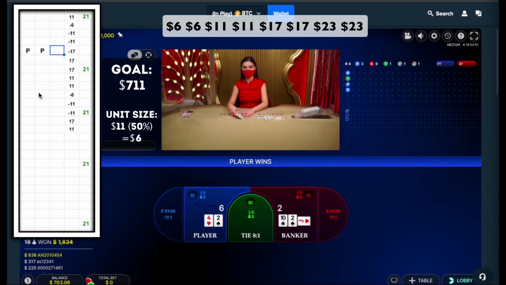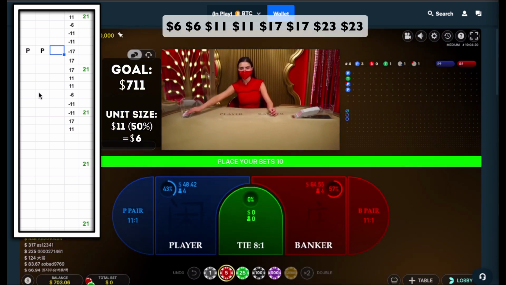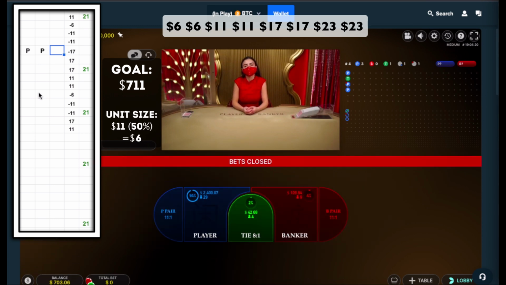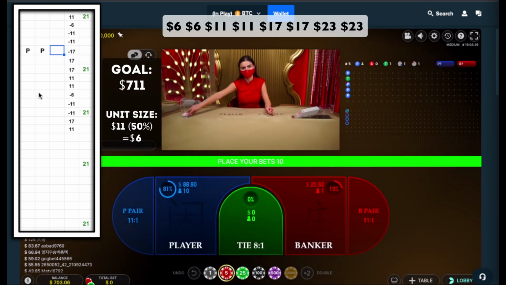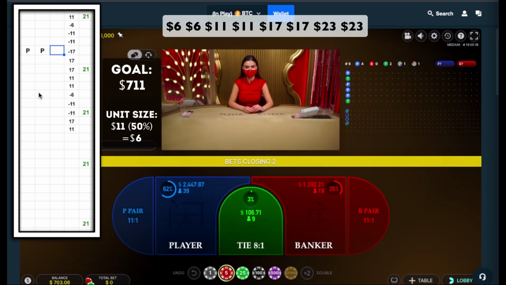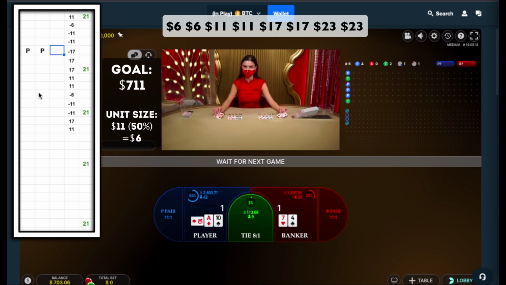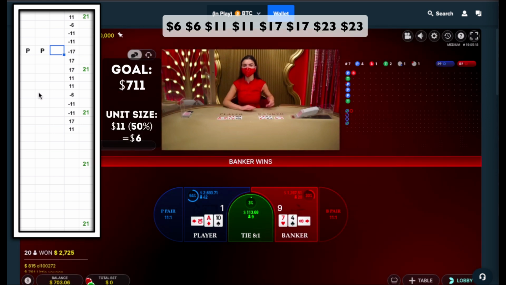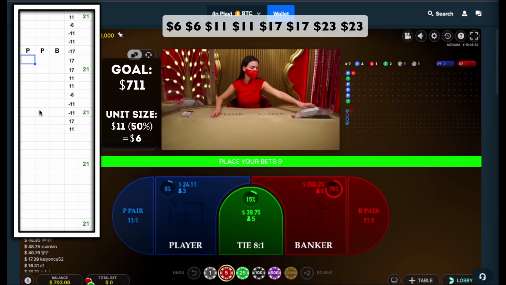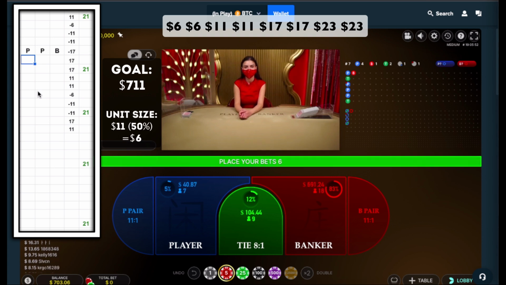We're going to wait for a banker to show up because we need at least 1 player, 1 banker in our 3 pattern. There we go, we get a banker. So last 3 results are player, player, banker. And now we can take some free hands and start betting.